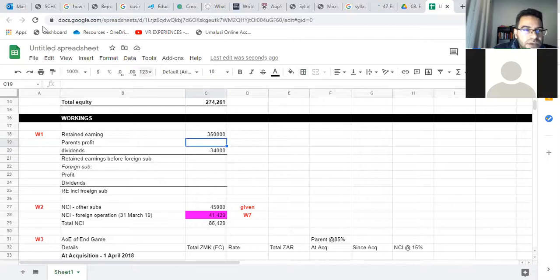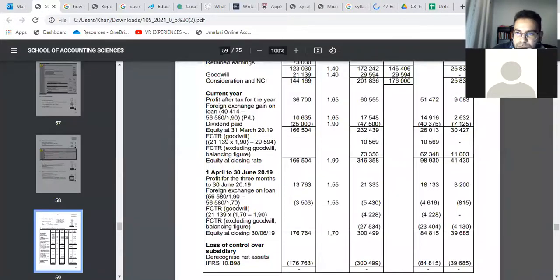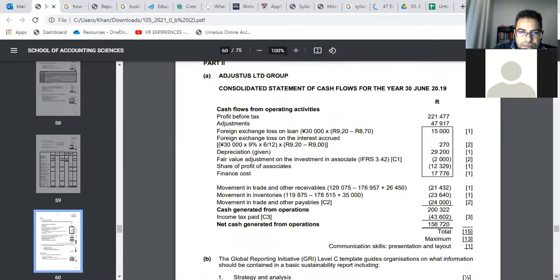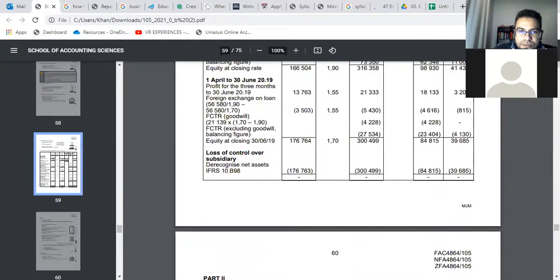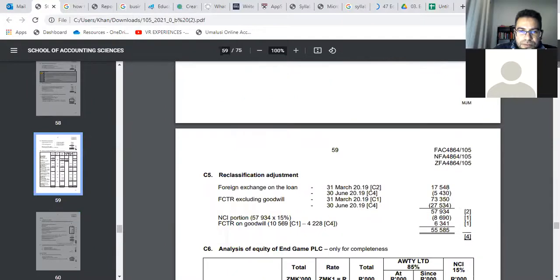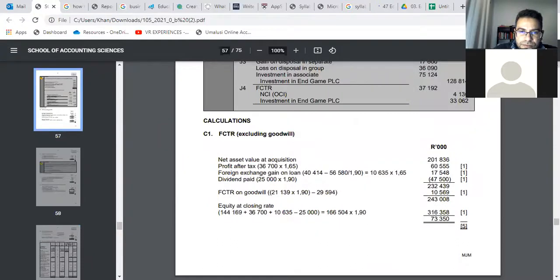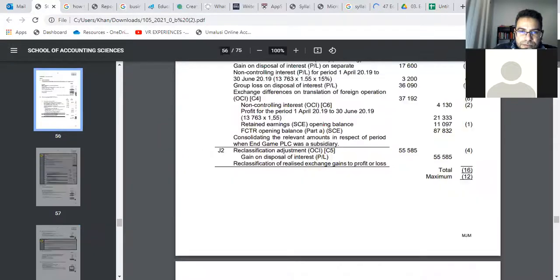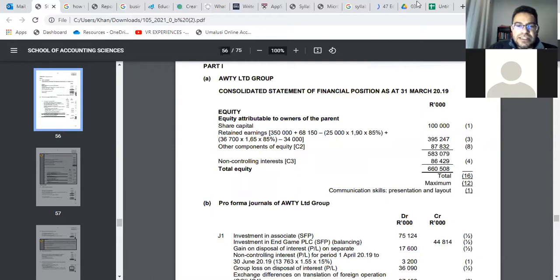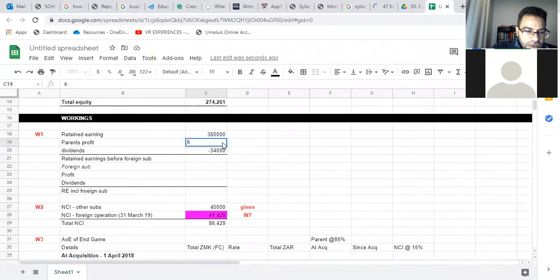Parents' profit, what was that profit given as? The profit was given as 68,150.